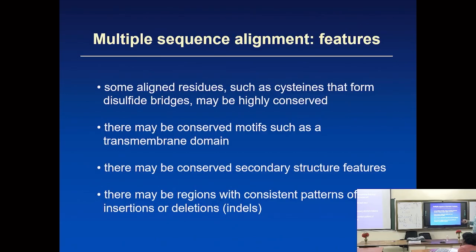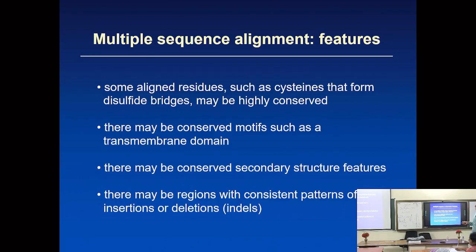There may be, so features of multiple sequence alignment, there may be conserved motifs, for example, in transmembrane proteins. So you can see domains in multiple alignment, okay, regions that are conserved across many sequences of a protein family.